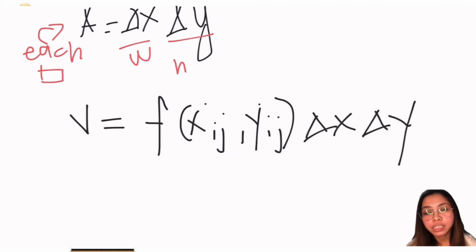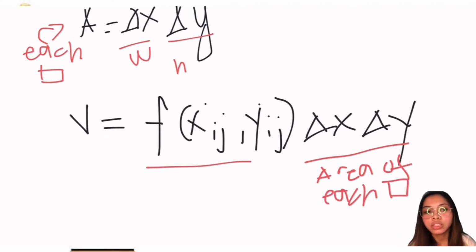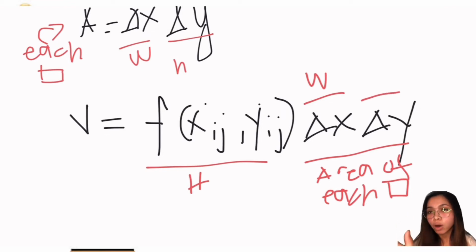V is equal to f of x sub ij star and y sub ij star times delta x times delta y. So this one is the height, the delta x is the width, and the delta y is our length.